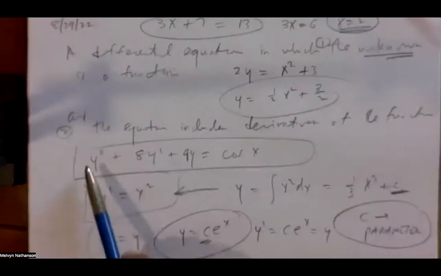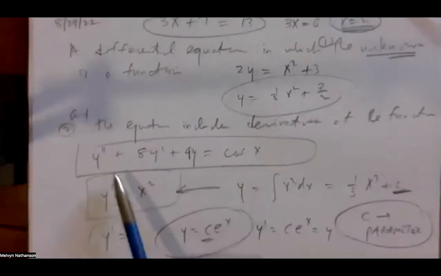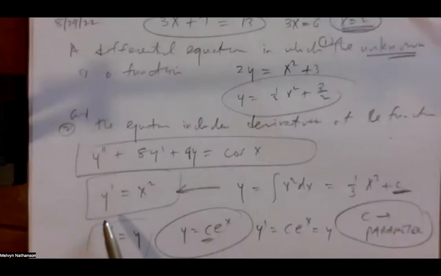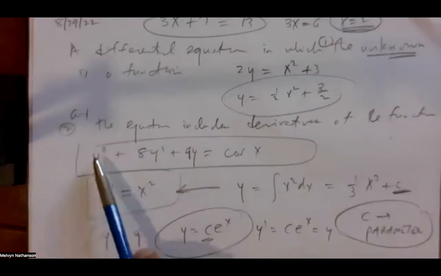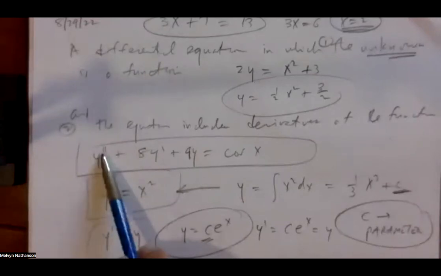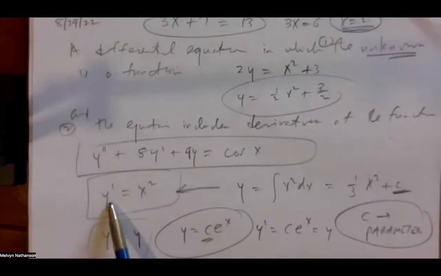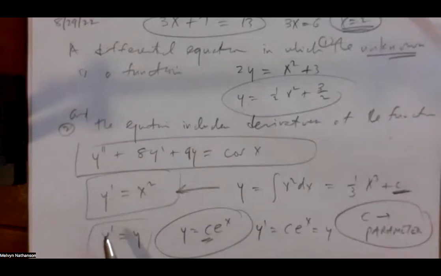If you look at these two differential equations, you'll see that in this differential equation, the highest derivative is the second derivative. In this differential equation, the highest derivative is the first derivative. And what is called the order of a differential equation is simply the highest derivative that occurs in the equation.